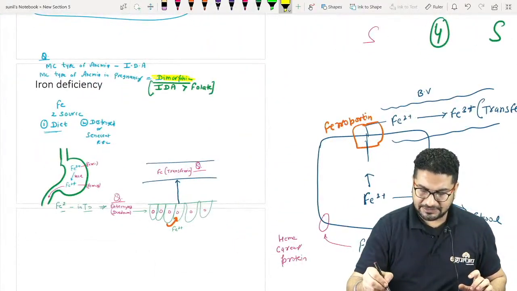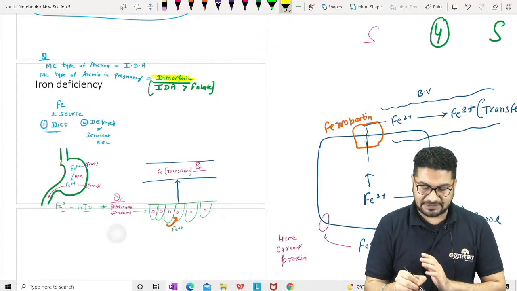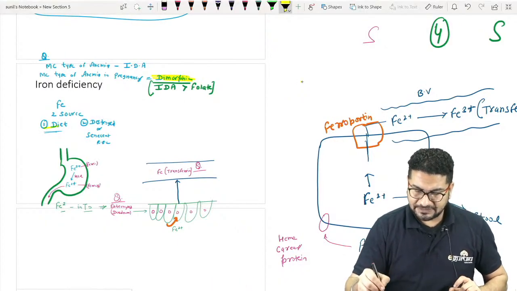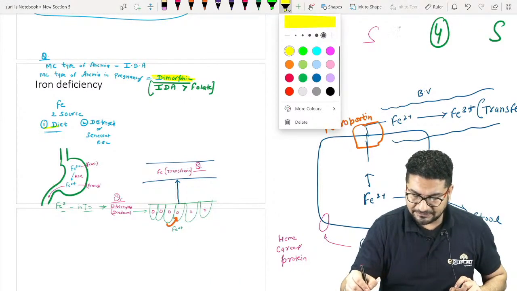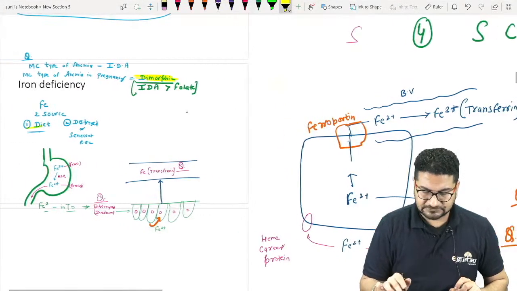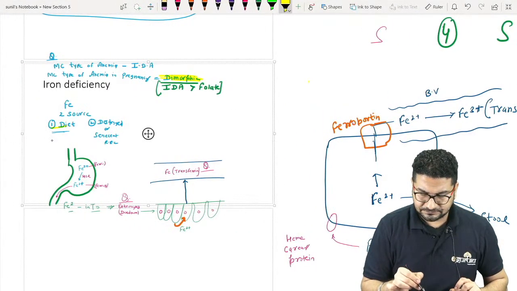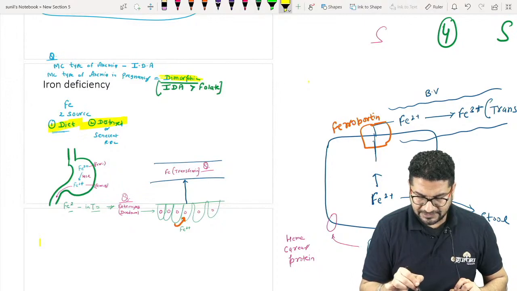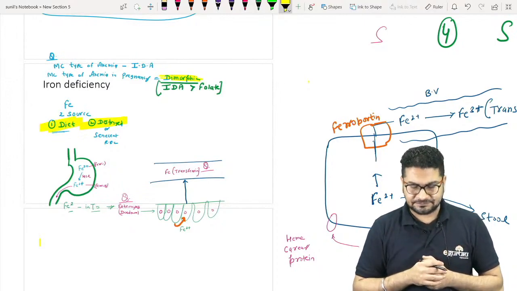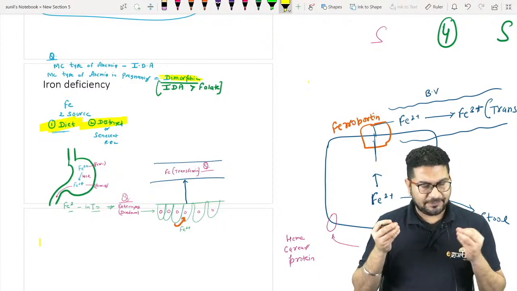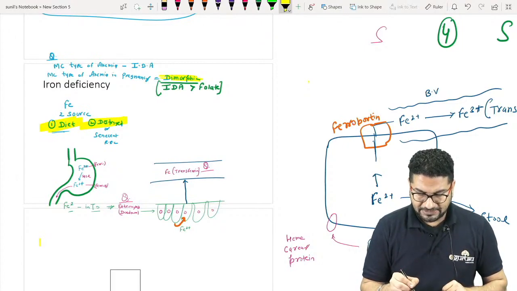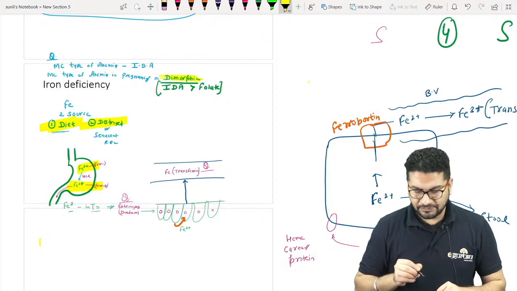You are taking iron. We have two sources: either from the diet, or you can take iron from senescent RBCs, I mean RBCs which are dying. Iron is coming into the stomach in ferric form, then it will convert into ferrous form, Fe2+, into your duodenum.